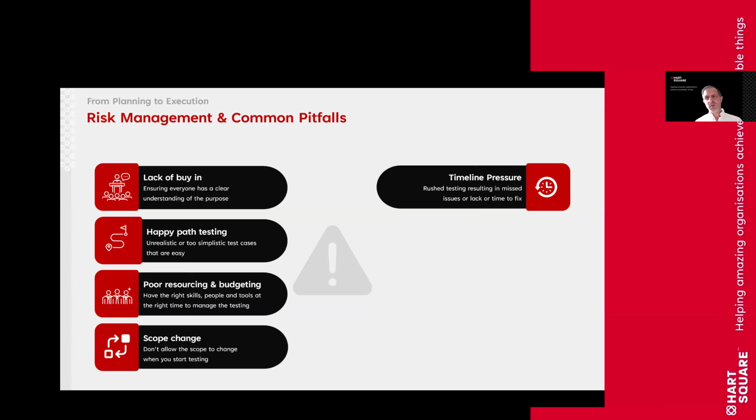So if you're in a project and things are running a bit behind, but you've got a kind of defined deadline, I would strongly encourage you to resist compressing the UAT period. So if the UAT period is defined as being 6, 8, 10, or 12 weeks, try and retain that time. And I actually advise clients to descope things rather than compact that time. If you have to compact the time, it really does mean you have to have very, very clear prioritization. Everybody has to know what success looks like in that case.